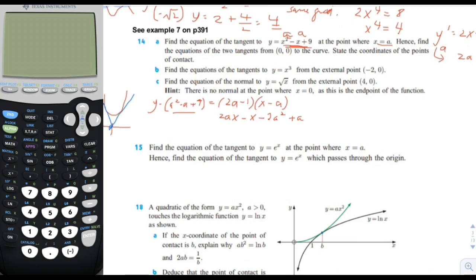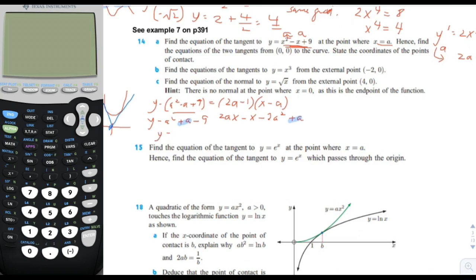Not really. Let's see if we can get rid of something, because now we have negative a squared plus a minus 9. Can we get rid of something? We have a on both sides, so we can get rid of that. I think the rest of it we're stuck with.